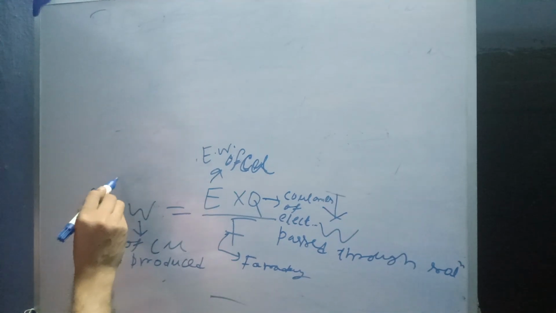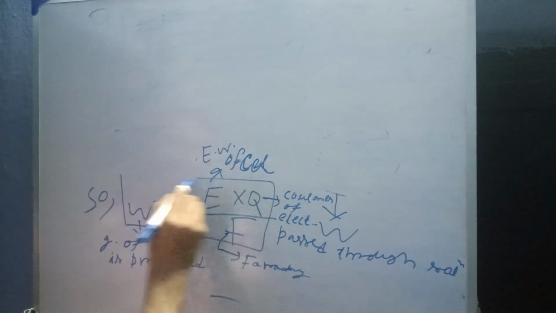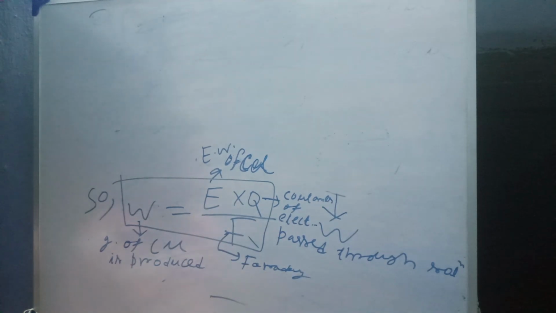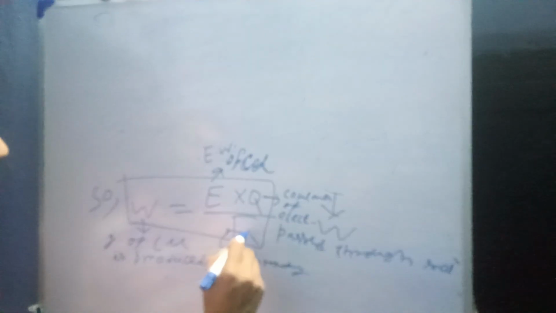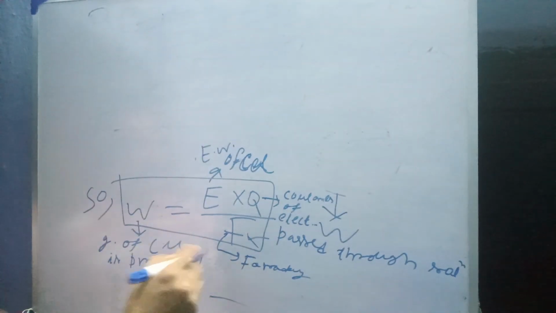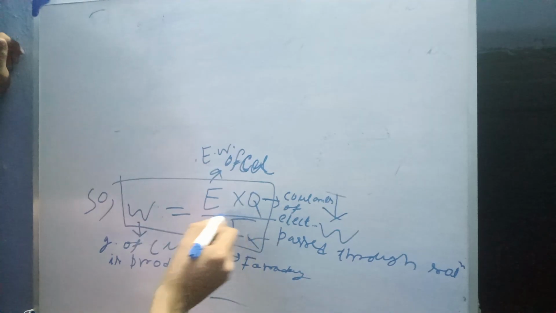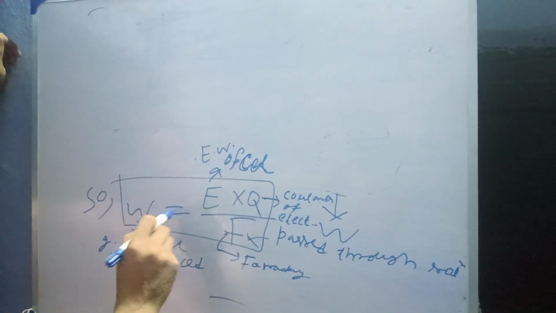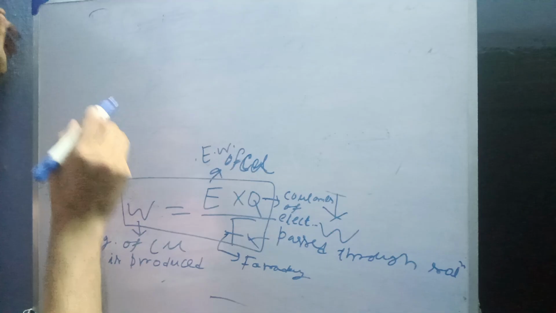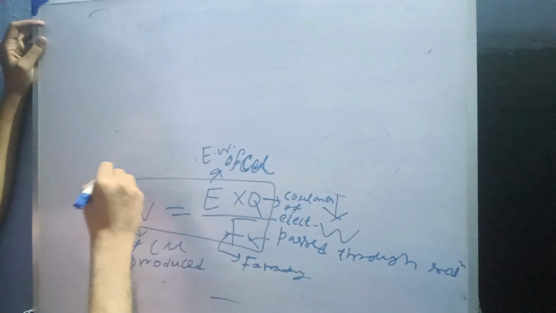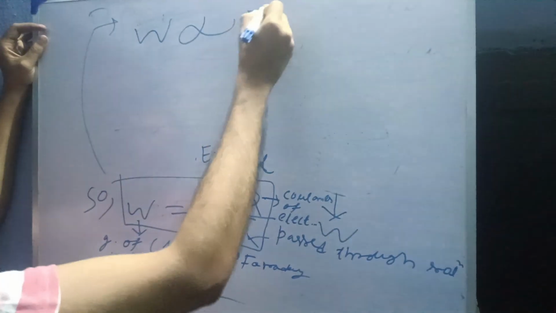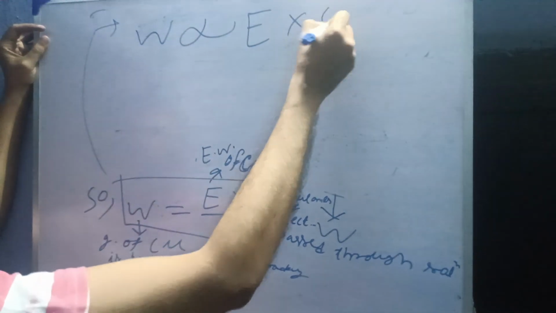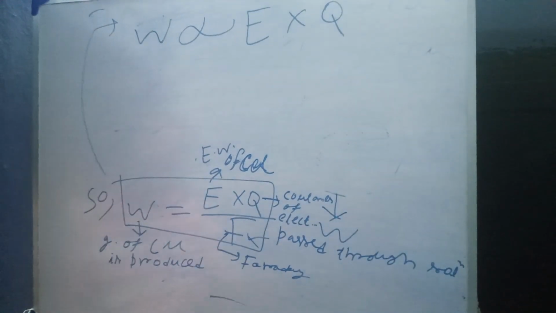So from this part here, F has a fixed value, 96,500 coulombs, so it is a constant here. So if we replace the equal sign by a proportionality sign, then we may write from here that W is proportional to E into Q. This is actually Faraday's combined law.